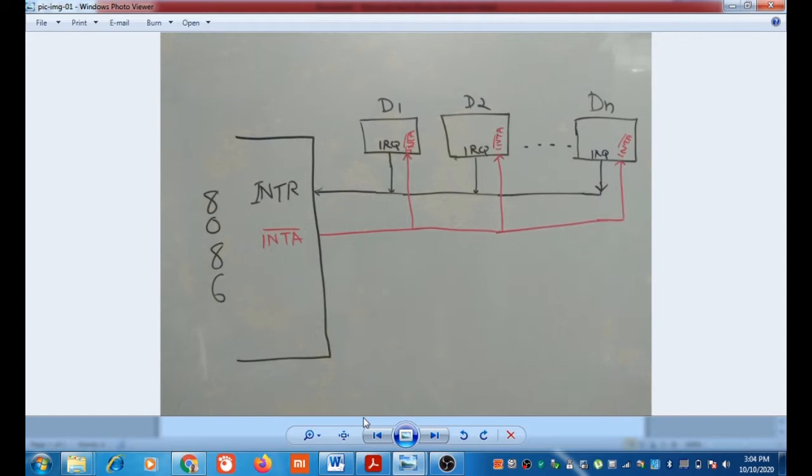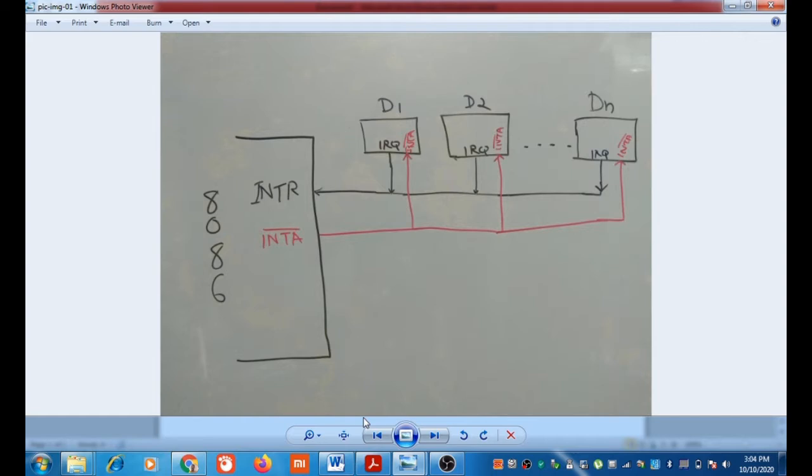Suppose 2 or 3 devices make interrupt requests simultaneously, then whose request will be served? Another issue is you can't impose device priority. Device priority means some devices have the highest priority.